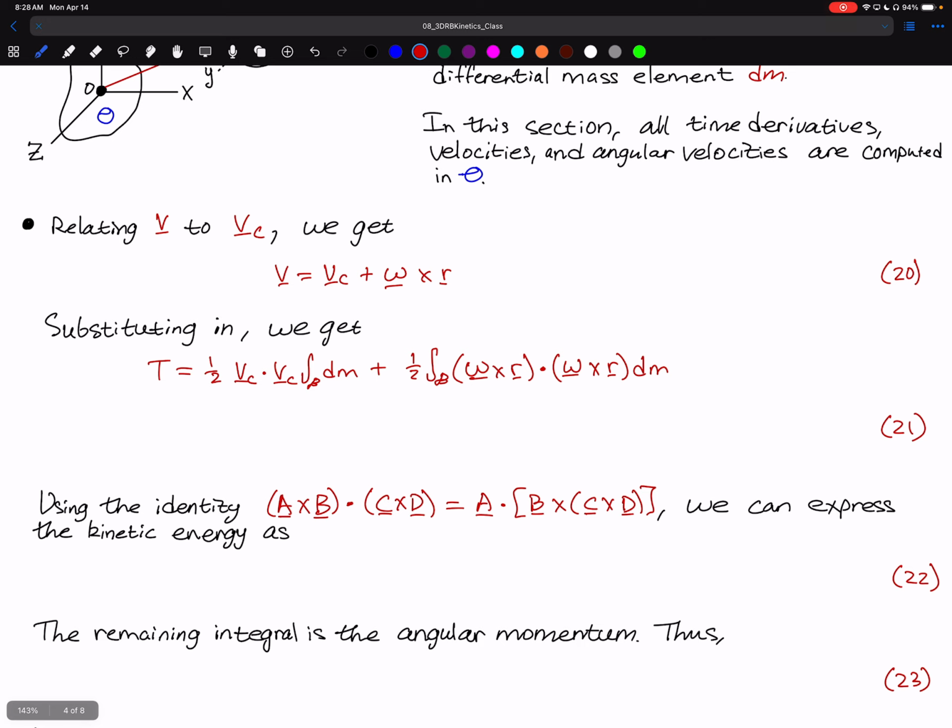plus Vc dotted with the quantity omega crossed with the integral over the body of r dm.